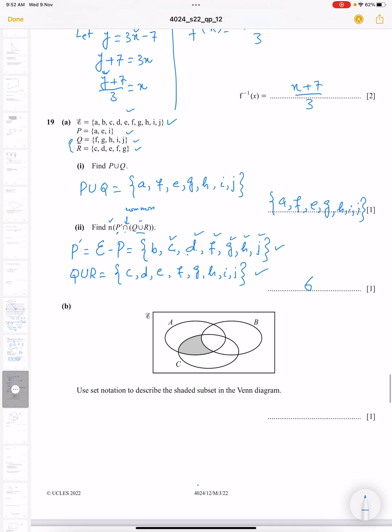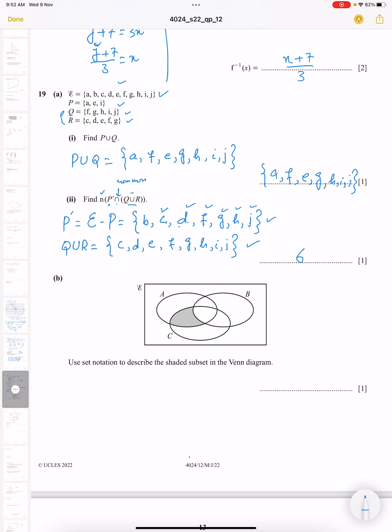Fine. Next question. Use set notation to describe the shaded subset in the Venn diagram. You have to describe this shaded part. What is that? As we can see clearly that it is outside B. So that means clearly it is B complement.